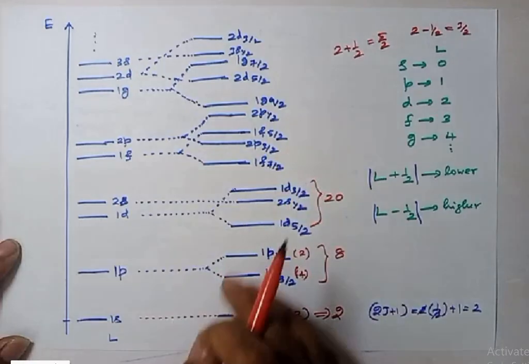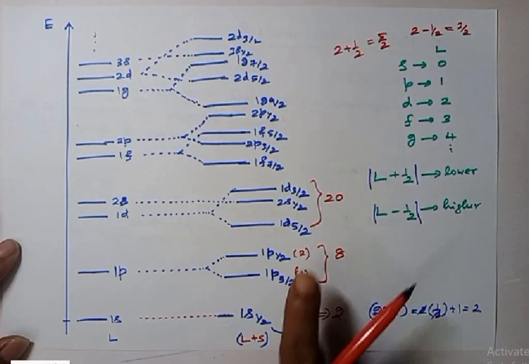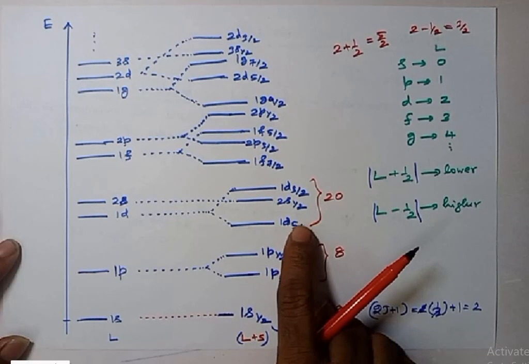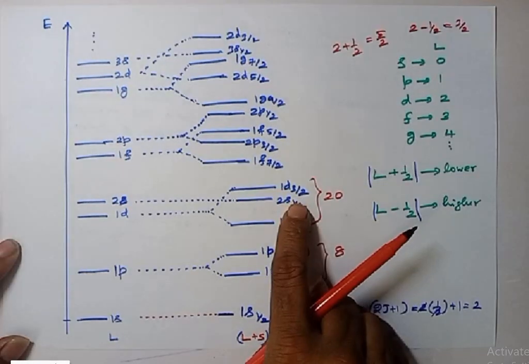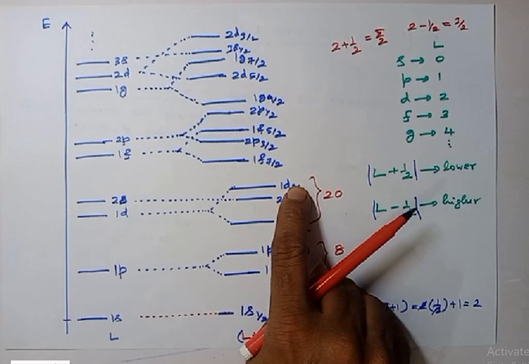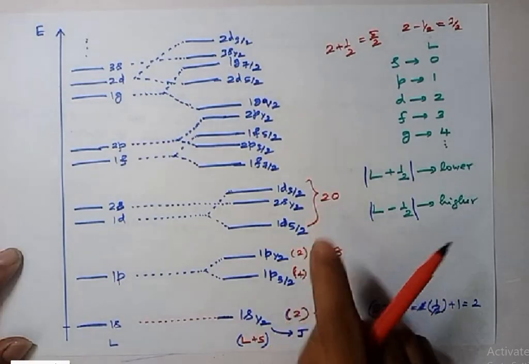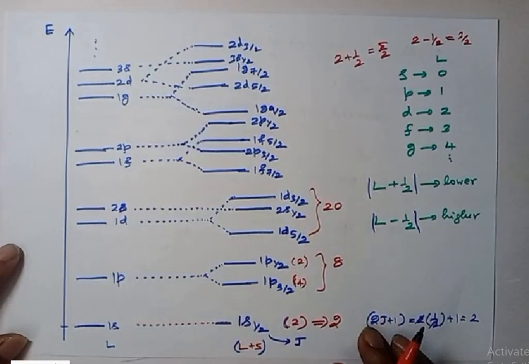You just calculate and see. Here, 2 into 5 by 2, I get 6, here 2, and here I can place 4, so I get 12. 12 plus 8 is 20. Up to this I can place 20.